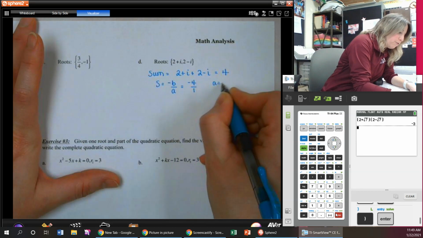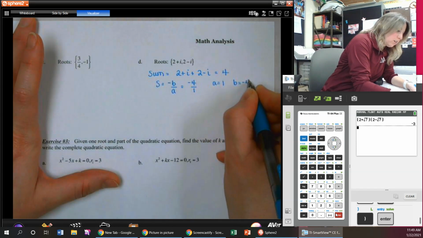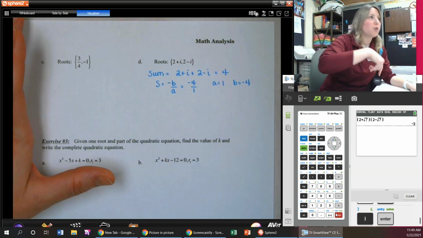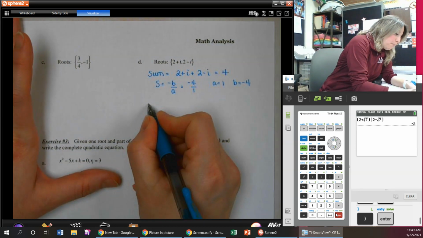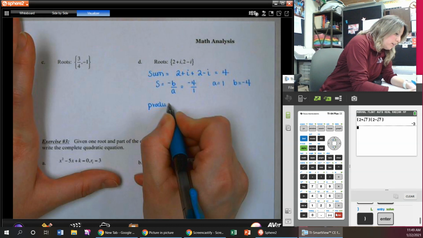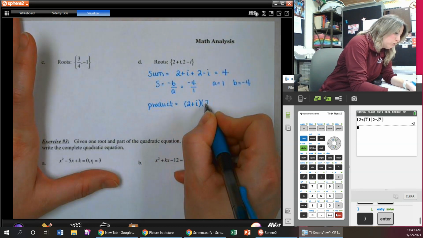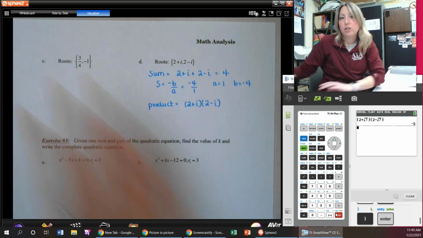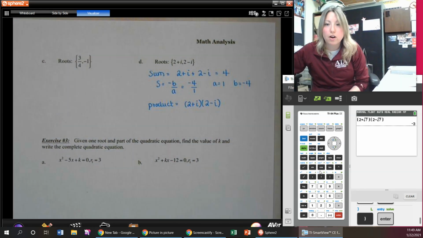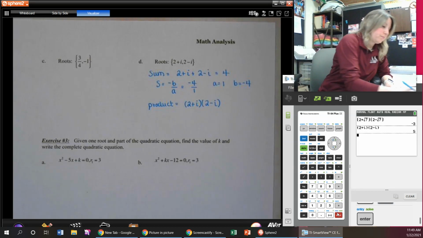So let's confirm this before we completely know that our a is 1. We'll confirm it in our c term, but we do that by product, right? So the product is 2 plus i times 2 minus i. Again, with the conjugates, we can come to the graphing calculator. So 2 plus i times 2 minus i is 5.